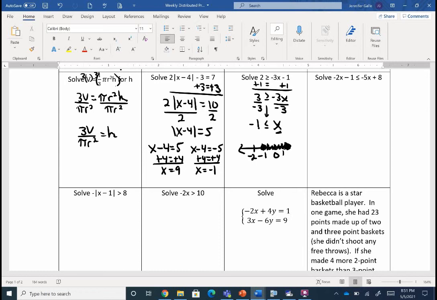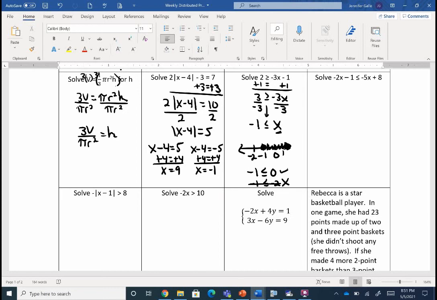Remember, you can't always shade the way the symbol's pointing. You have to shade values that'll make the inequality true. So negative 1 less than or equal to, if I put 0 in there, that checks out. But if I have negative 1 is less than or equal to negative 2, that doesn't work. So I need to shade to the right.